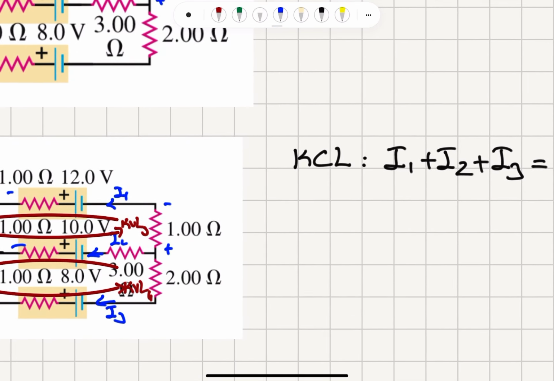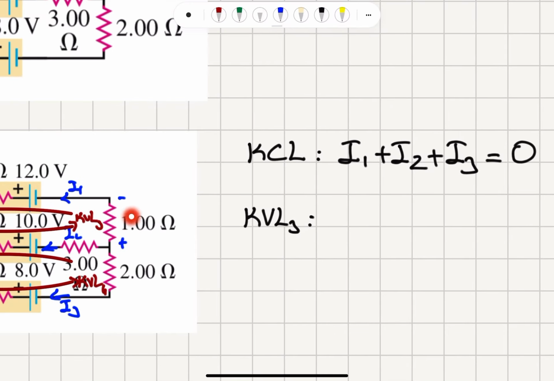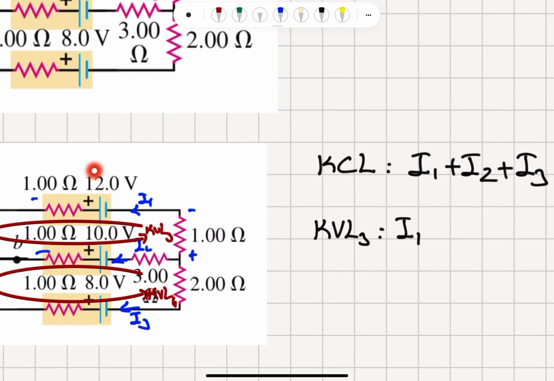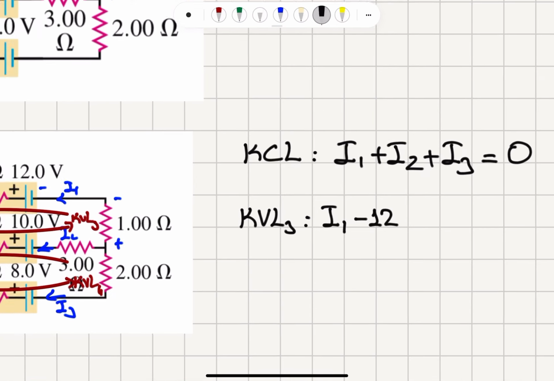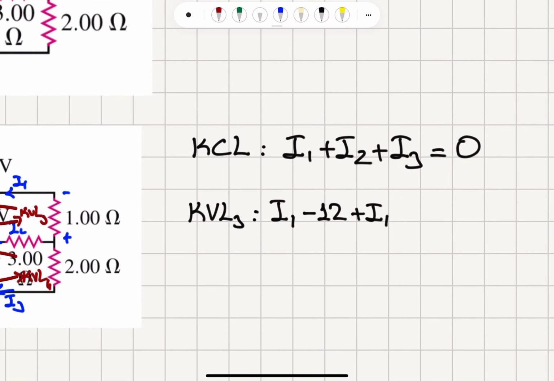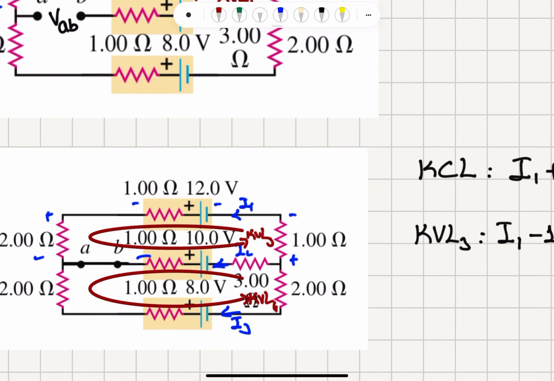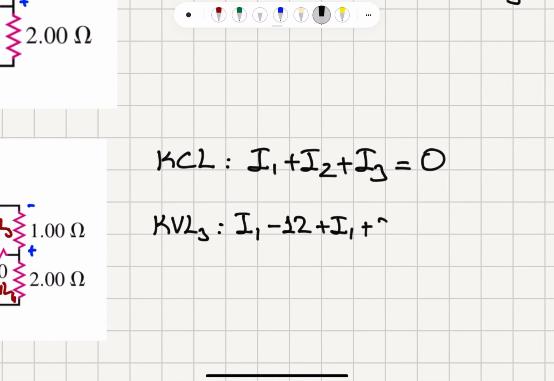Okay, so let's write the KVL equation, Kirchhoff's voltage law, for the third loop I'm encountering here. I start here, so I have I1 times 1 ohm. Then I go to here, minus 12 volts, because this is the negative terminal. So minus 12. Then I have another I1, because I'm on the same branch here, plus 1 ohm, and plus 2 ohms, so 2I1.